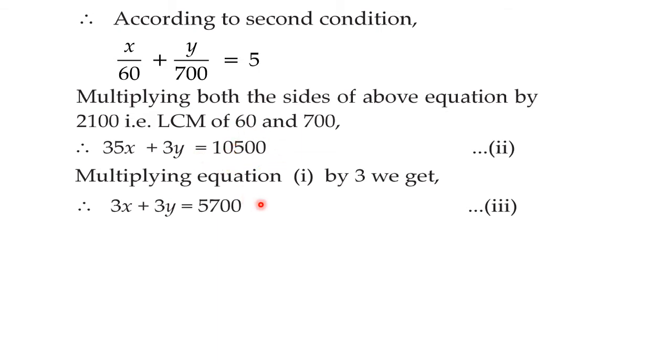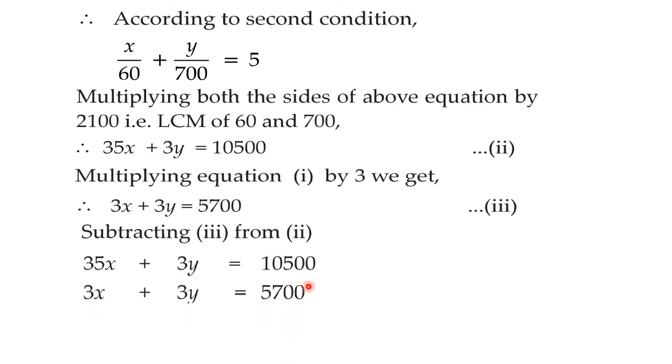So we write: subtracting equation 3 from equation 2, which means 2 will appear up and 3 will appear down, and in between a minus sign shows that you are subtracting. Whenever we subtract, we change the signs of each and every term of the second equation. So this plus 3x will become minus, here also plus will become minus, and here also plus will become minus. Don't forget to change those signs.